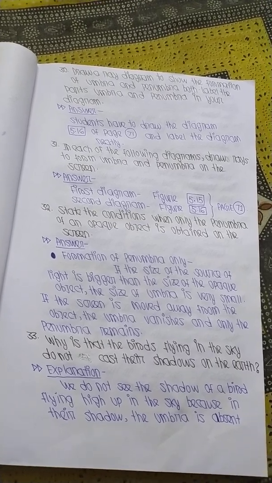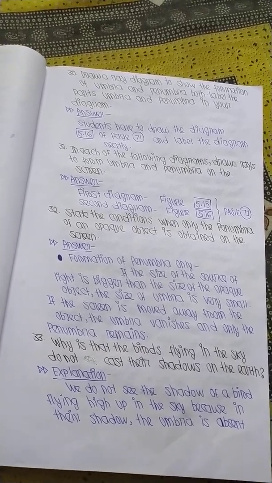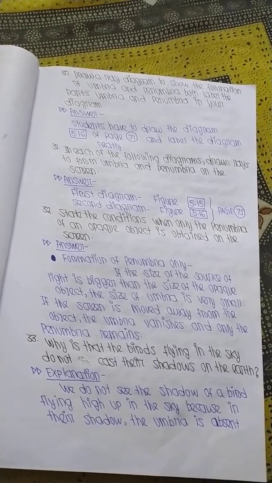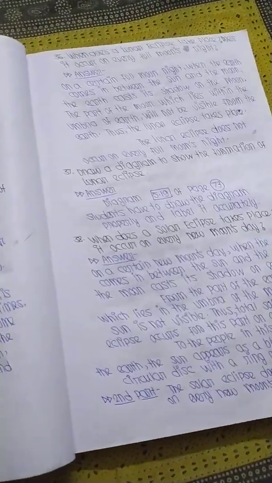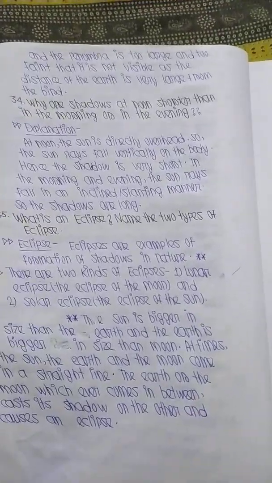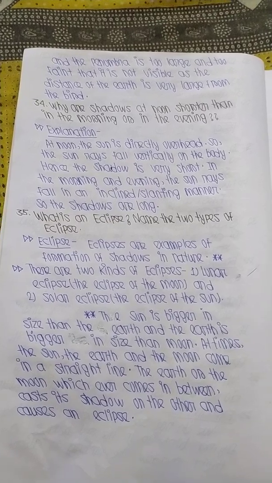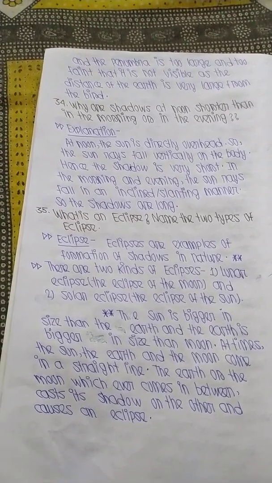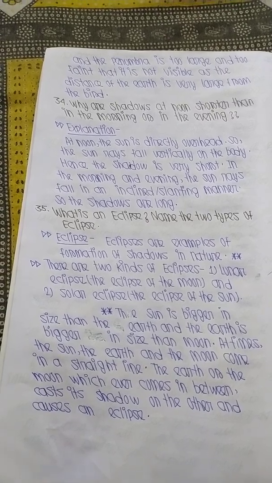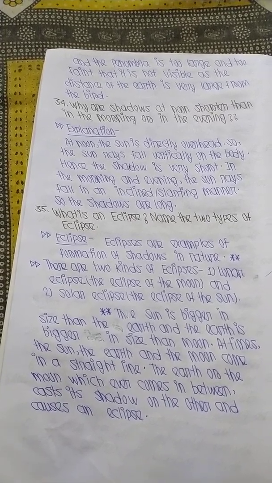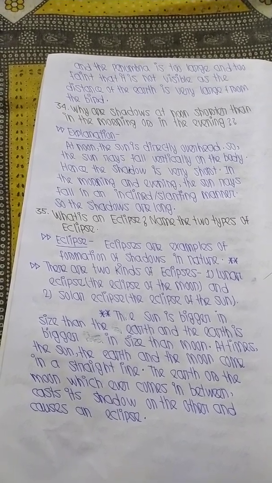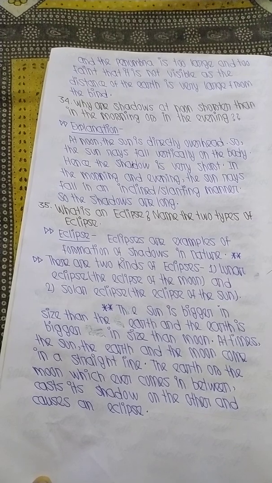We do not see the shadow of a bird flying high up in the sky because in their shadow the umbra is absent, and the penumbra is too large and too faint that it is not visible as the distance of the earth is very large from the bird.